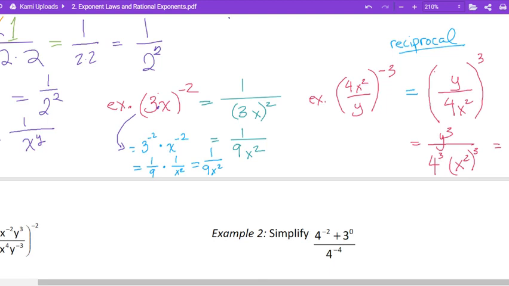Oh, you went way too far. 4 to the power of 3. Yeah. Excellent. So, folks, use that brain of yours. And then x to the power of what? 6. Good, because now we're using the power law.